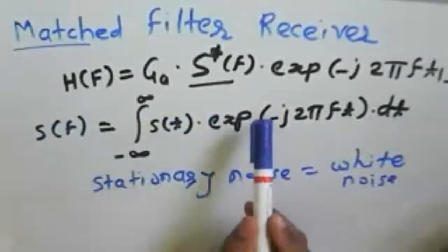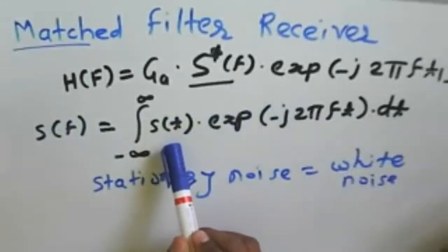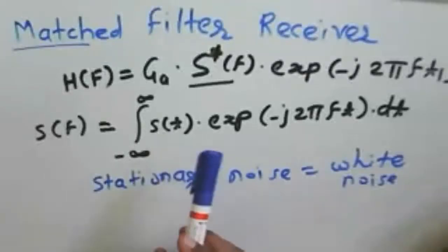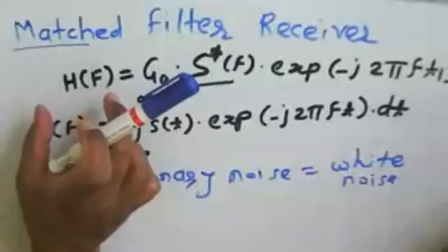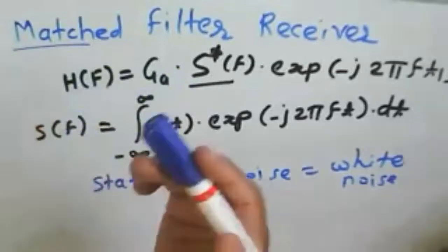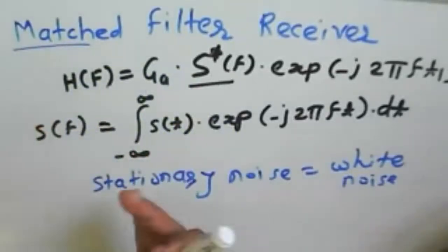This one is the signal's transform correlation. This S of t is the signal waveform. Because of this, we can say that H of f will be improved, and that will be used to increase the signal to noise ratio.